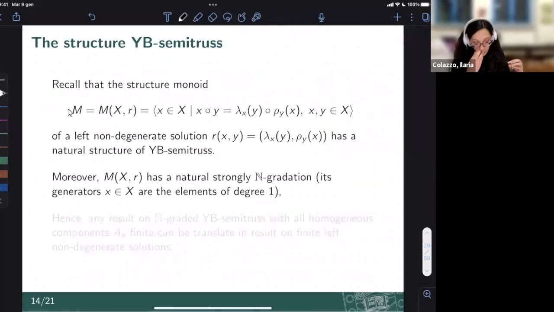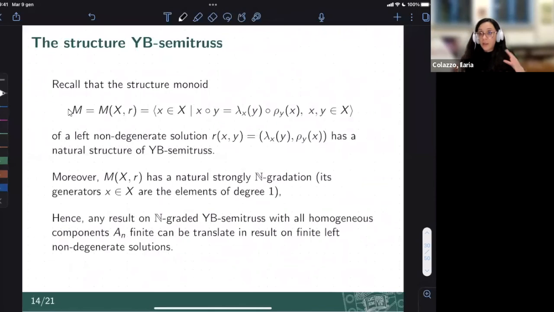So all we can say about n-graded YB semitruss can be translated to a result for finite left non-degenerate solutions.